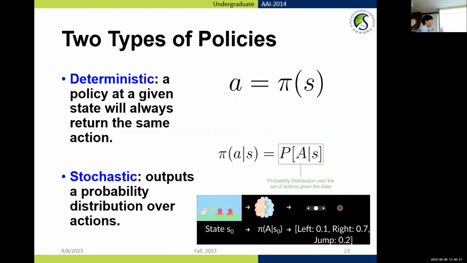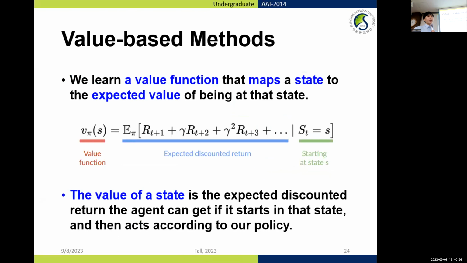Now this is the policy-based method. Now we move to the value-based method. The value-based method relies on how valuable a state is. We learn a value function, and we use V pi of S to represent it. We rely on a value function to map a state to the expected value of being at that state.